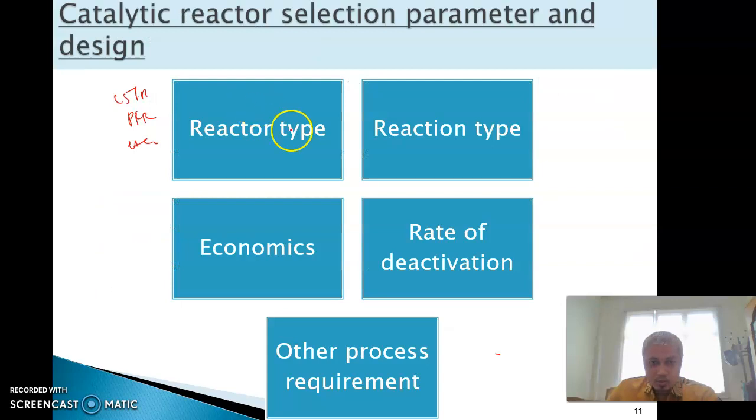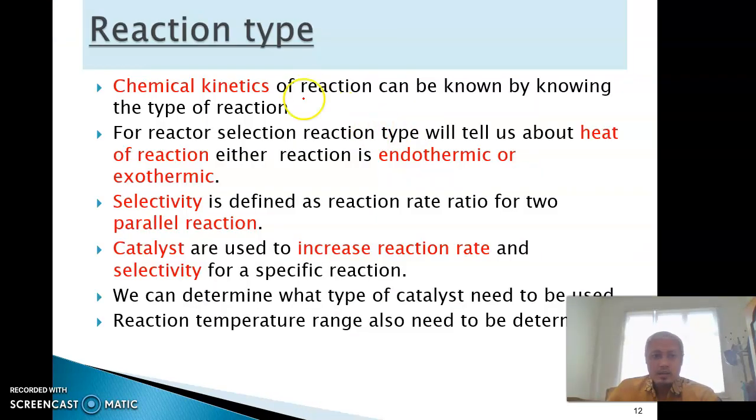We just want to tell you that reaction is different as compared to reactor. Reactor is the container that we use. Reaction is what is the reaction between the reactants. What kind of reaction?